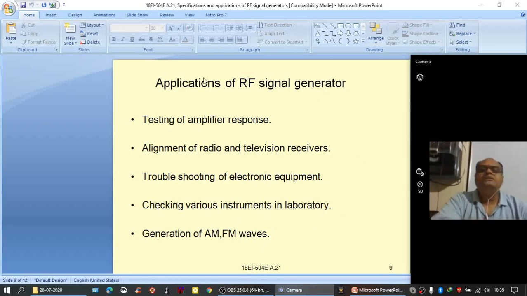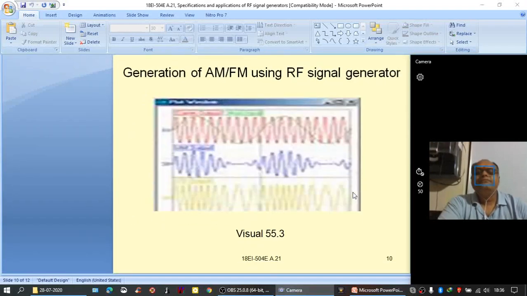We have discussed all these while discussing the RF signal generator. So once again, let me repeat: testing of amplifier response, alignment of radio and television receivers, troubleshooting of electronic equipment, checking of various instruments in the laboratory, and generation of AM and FM waves. So these are the applications of RF signal generator.